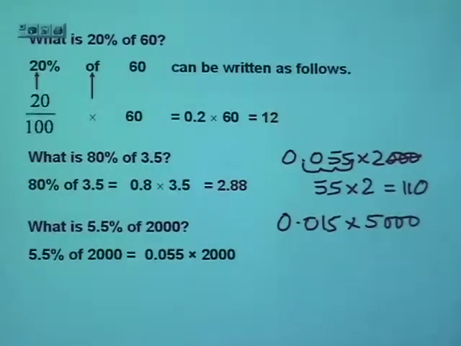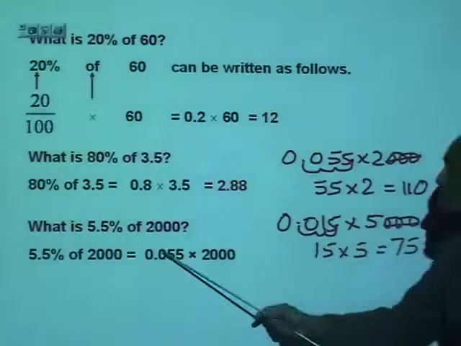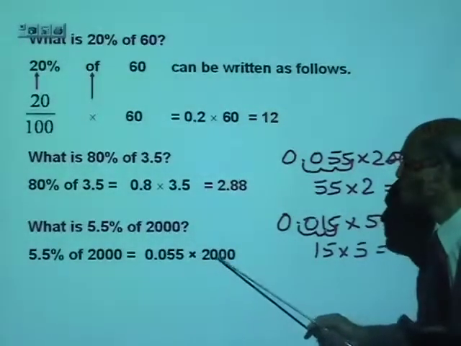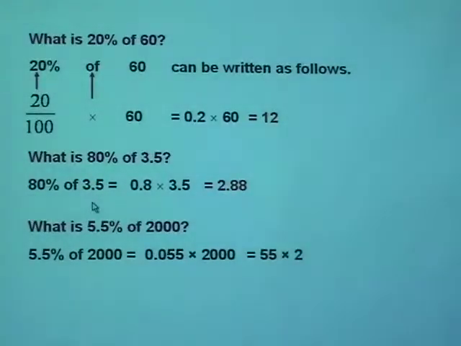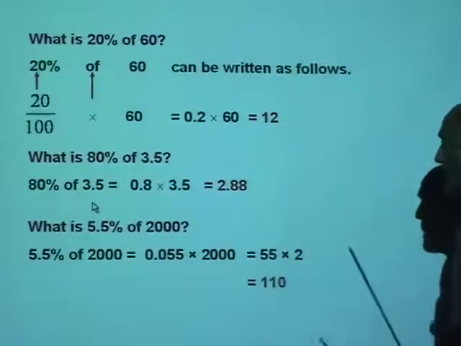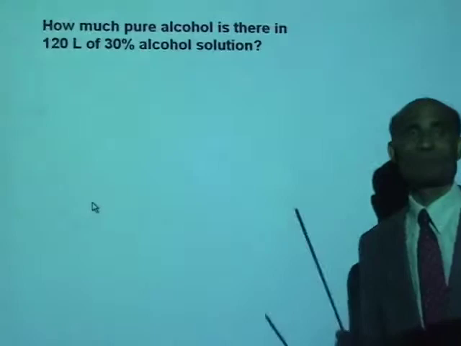You see? That means the 3 zeros go, and the 3 decimal places make that number 15. 15 times 5 is 75. So 0.055 times 2000 is 110. There you go. Okay, let's move on.